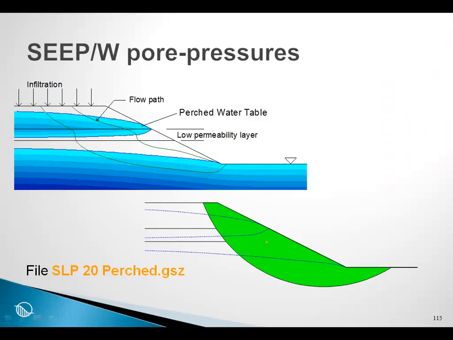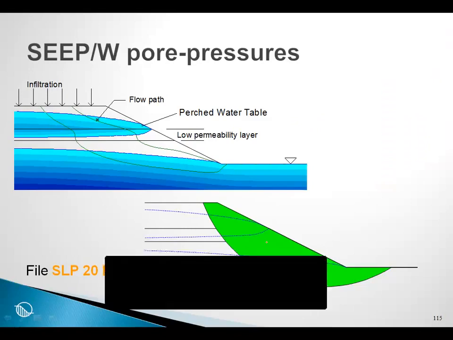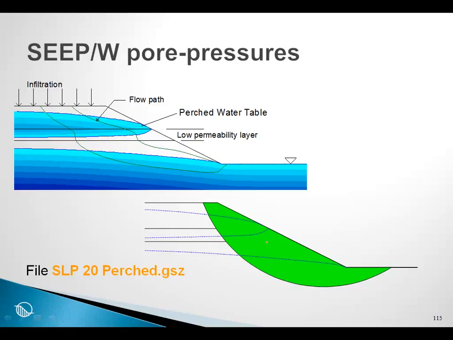The previous example that we looked at was a fairly simple case of a homogeneous dam with a reservoir on one side. The pore pressures were not all that irregular, but here's an example where the pore pressure is quite irregular. In fact, we have a perched water table.